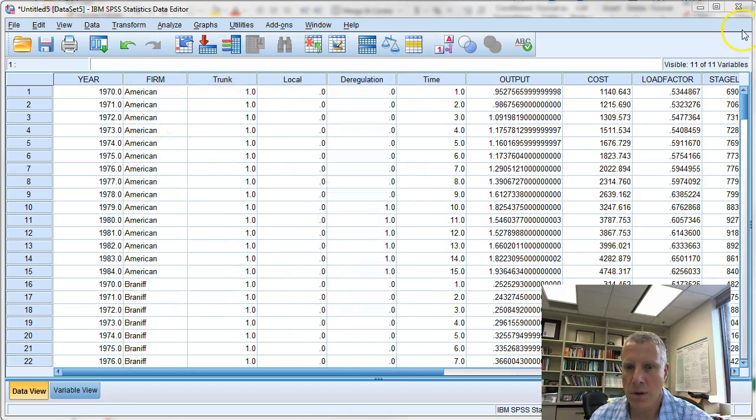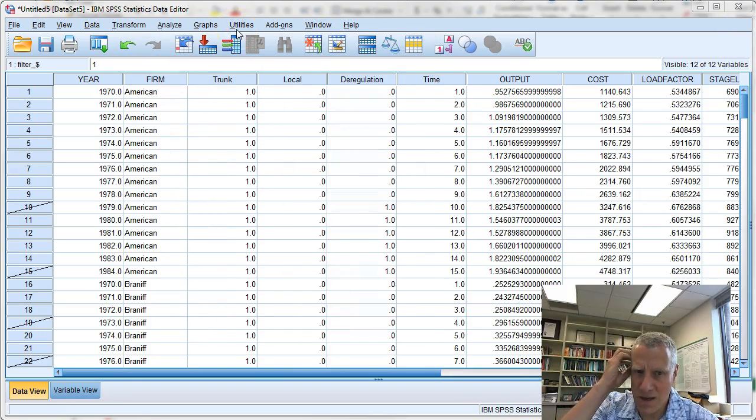Click OK. You can see here that the observations that are filtered out have a line through the numbers. So 10, 15, 19, 22 are not in my data that I'm working with right now, but they will be in yours.